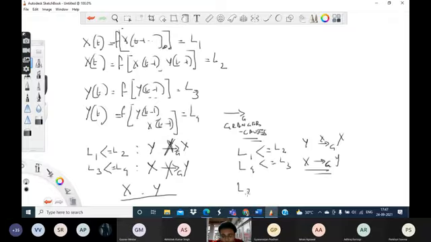And if L2 is less than or equal to L1, meaning that yes, y Granger causes x, and I also find that L4 is less than or equal to L3, meaning that yes, x Granger causes y, that means there is a bidirectional relationship.